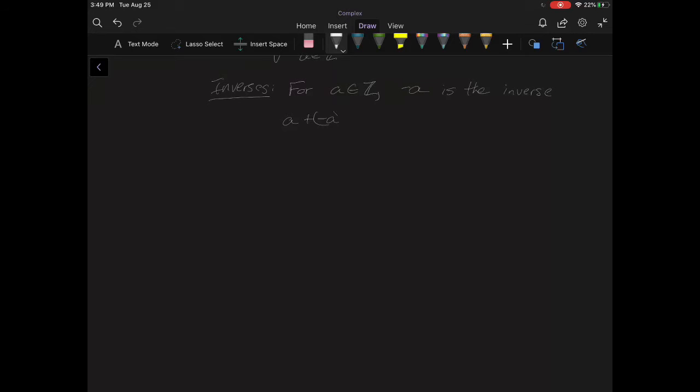And anything subtracted from itself is going to give us 0. Next, we look at negative a plus a. Well, if I take negative 3 and I add 3 to it, for instance, I'm going to get 0 out. So this satisfies everything we need for a group.